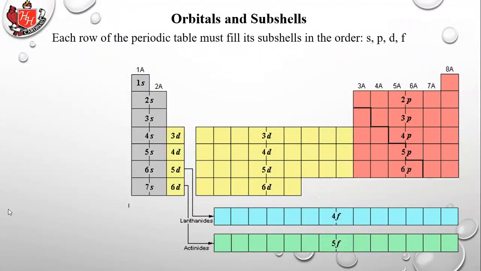So each row of the periodic table must fill its subshell in the order S, P, D, F. And by the way, let's pause for a minute. You now see another reason why the periodic table has the shape it does. If you were to just look at it, never having seen it before, and identify 4 major sections of the periodic table, you'd look at the 2 columns on the left, the ones in gray, they kind of stick up.